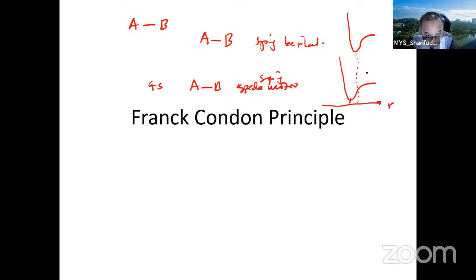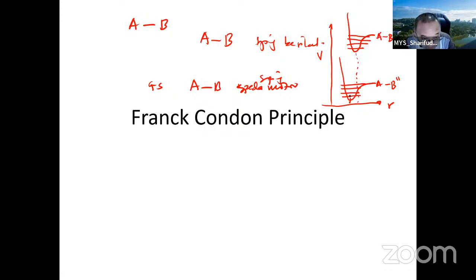If this is R, this is the energy, V. So the equilibrium distance for the AB ground state, I just put a double prime there, and the AB excited state will be a bit different. But the transition will be a vertical transition. So you can imagine the energy levels from the solution of the Schrödinger equation.